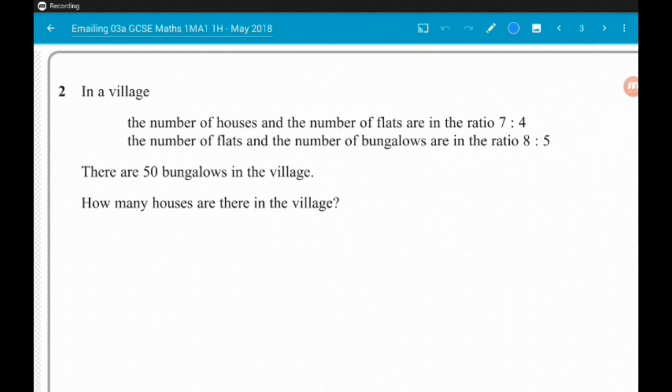Question 2. In a village, the number of houses to the number of flats are in the ratio 7 to 4. Straight away, I'm going to write that H to F, 7 to 4, and the number of flats to the number of bungalows are in the ratio 8 to 5.